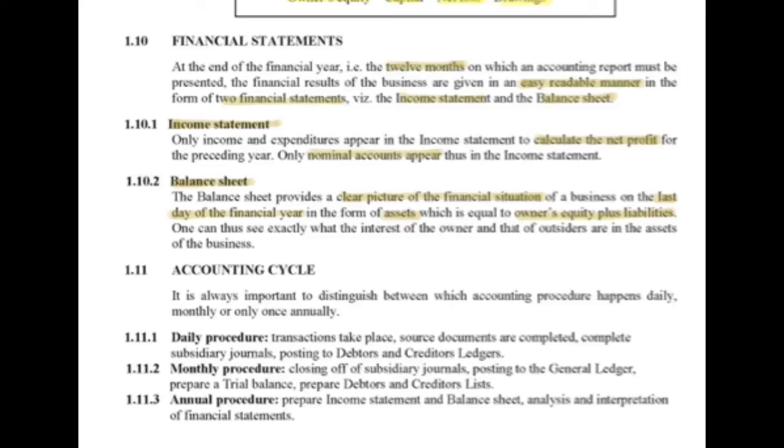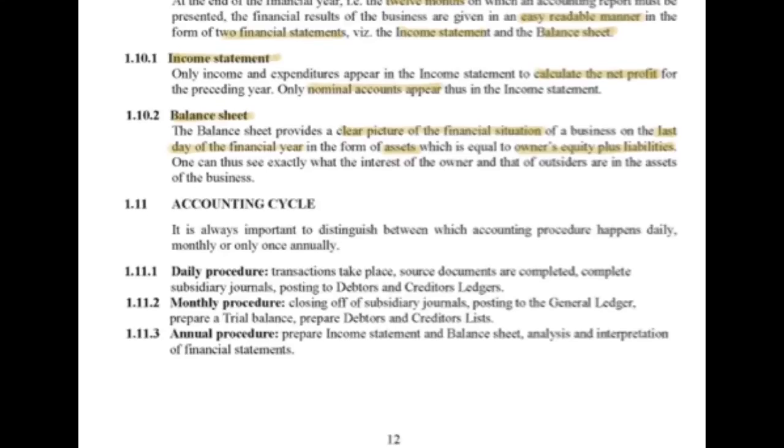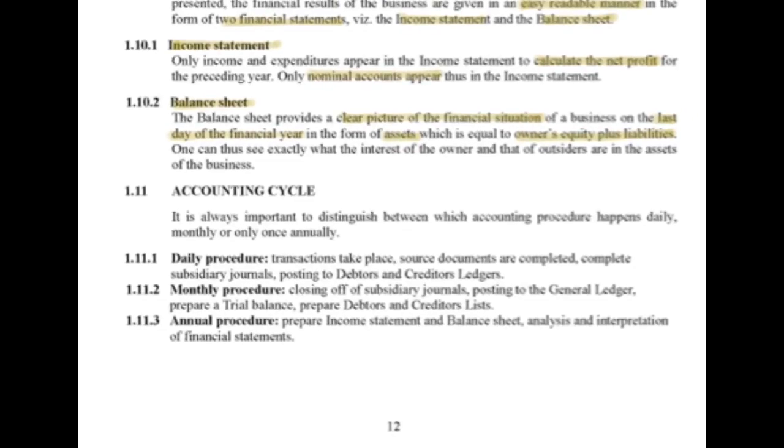One can thus see exactly what the interest of the owner and that of the outsiders are in the assets of the business.